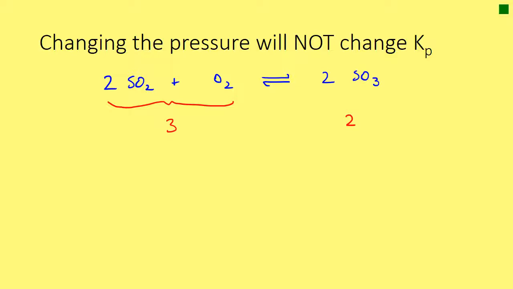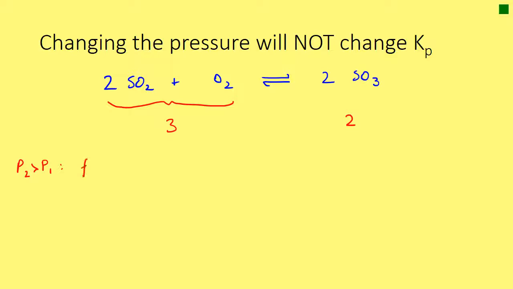So that means that a change in pressure can change the forward reaction versus the backward reaction. So let's consider that if we have increased the pressure, then we want to decrease the number of moles.